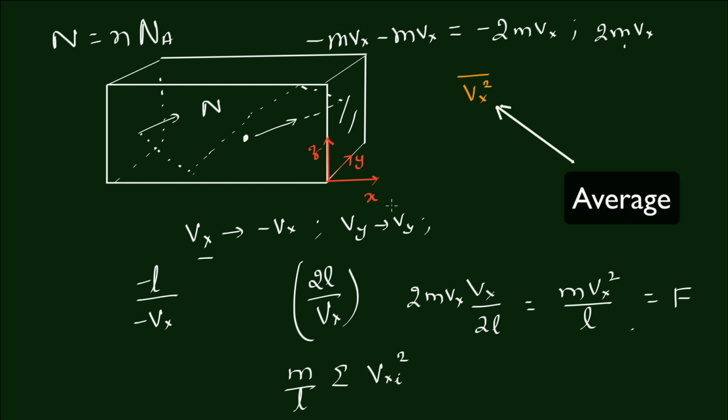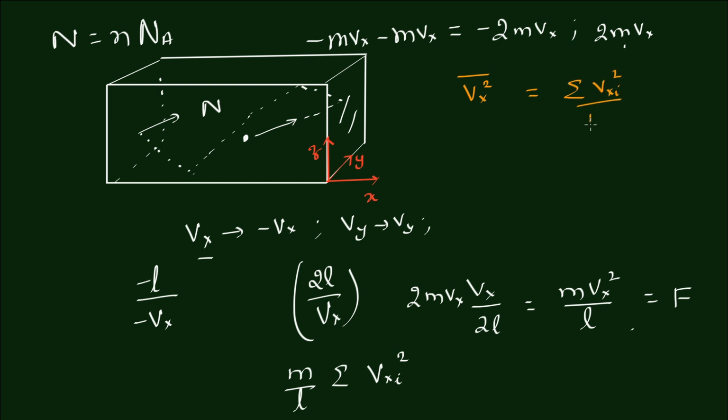That means I go from atom to atom, take the square of the x component of the velocity, that is Vx1 squared plus Vx2 squared plus Vx3 squared, etc., and divide by the total number. That's going to be the average of the Vx squareds. So that's going to be the summation of Vxi squared by the total number n. That's exactly what I have here. So let me substitute this.